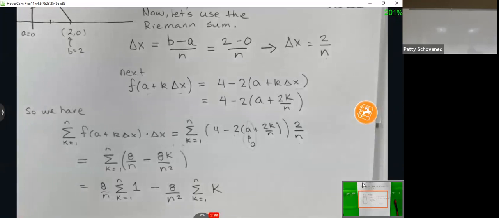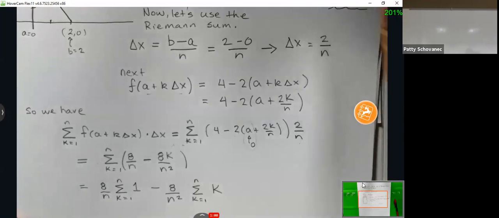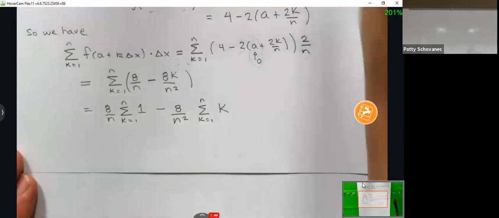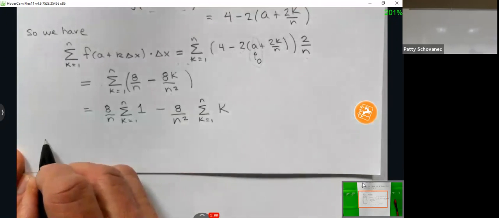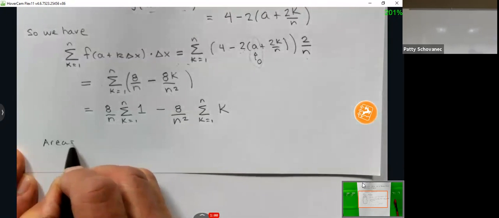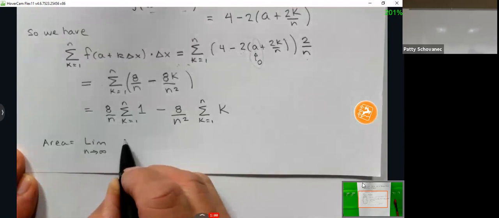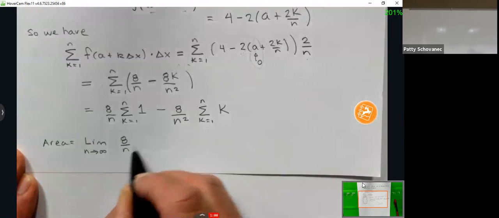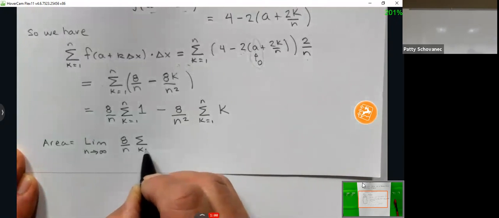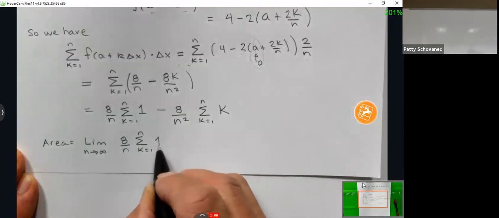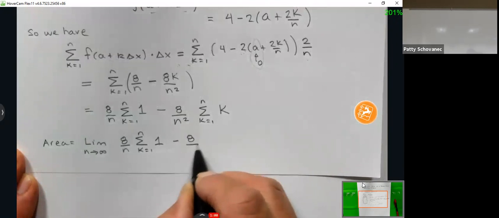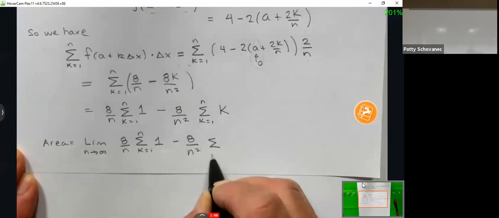So now we're going to take the limit as n goes to infinity to get the exact area. It is the limit as n goes to infinity of what's left: 8 divided by n times this sum minus 8 divided by n squared times that sum.